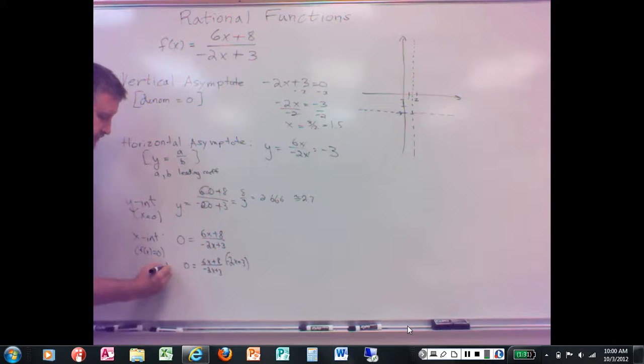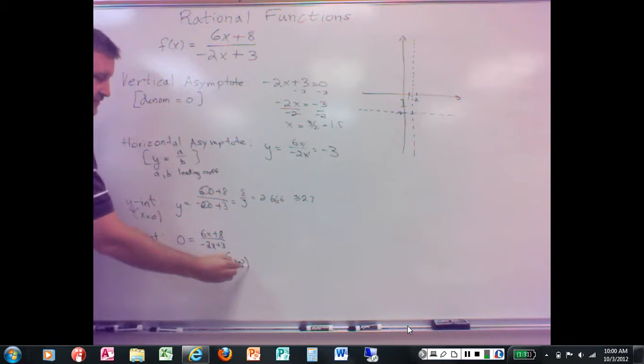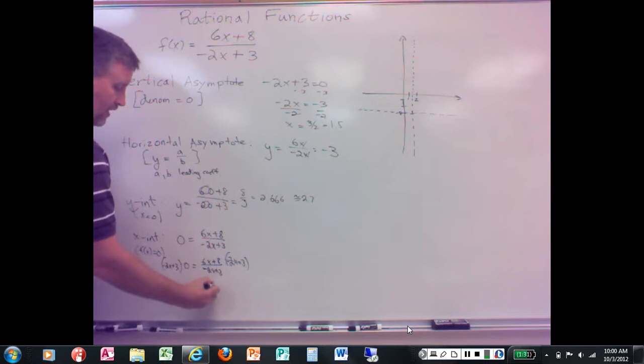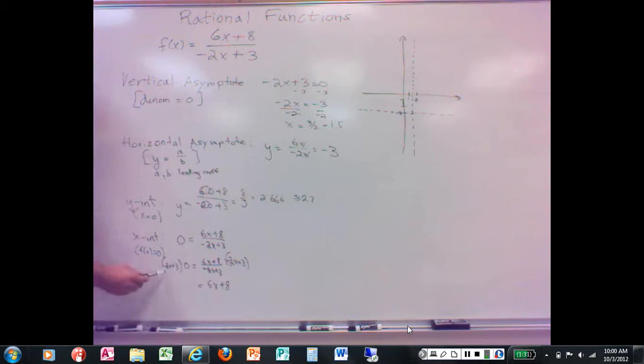Nice things happen because it cancels out on the right side, leaving 6x plus 8. And 0 times anything is 0, so this side is still 0. So it really just amounts to 6x plus 8 equals 0. That's going to be our x-intercept.